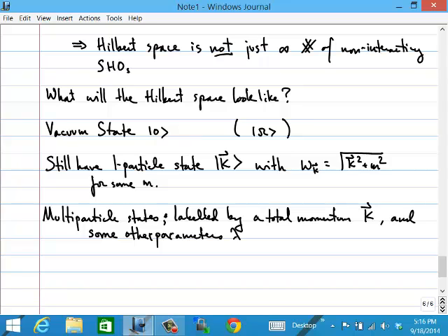So, for example, if you have a two-particle state, then you would think of k as the total momentum and lambda being the relative momentum, the difference in the momentum between those two particles. But there could be other parameters, so lambda will really denote some collective set of parameters that could be either continuous or discrete.